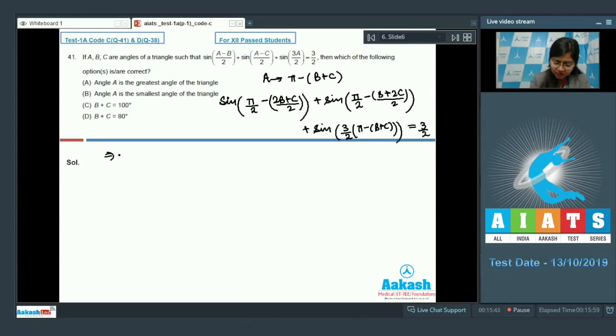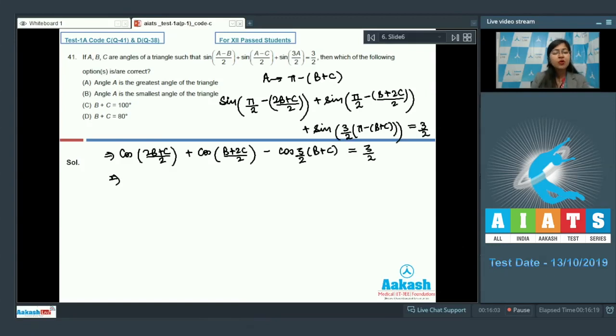So solving this further, we have cos (2B plus C)/2 plus cos (B plus 2C)/2 minus cos of 3/2 (B plus C) is equal to 3/2, right?